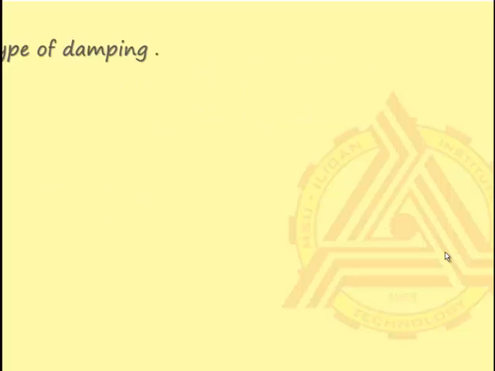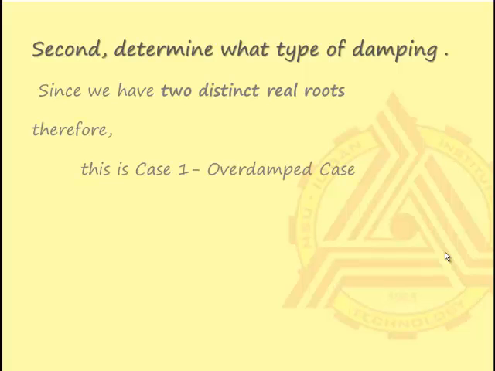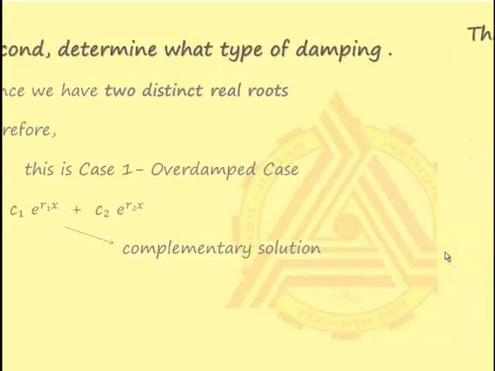Second, we have to determine what type of damping, and there are three cases. Since we have two distinct real roots, this is case 1, the overdamped case, and we have this as our complementary solution: y is equal to c1 e to the power of R1x plus c2 e to the power of R2x.